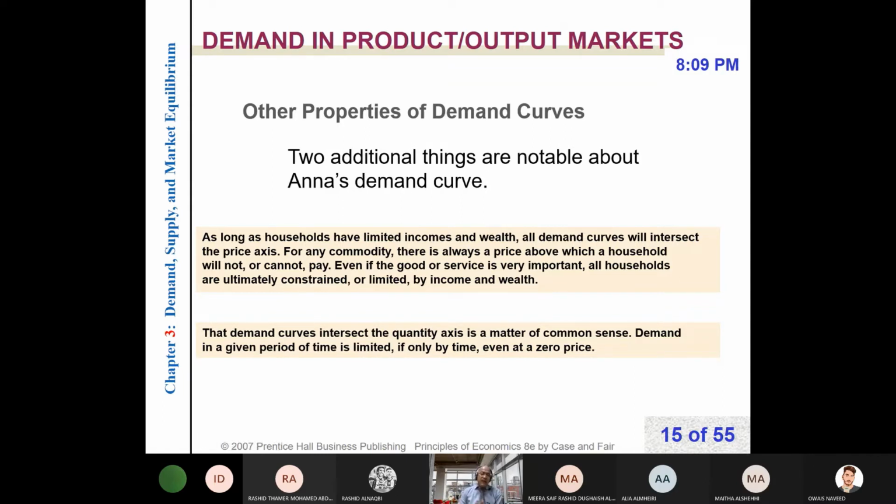Otherwise, I have to buy a refrigerator and it costs more money. And if I eat so many tomatoes, I will be sick. For this reason, the demand curve intersects both axes, price axis and quantity axis, because of limitation in income and time.